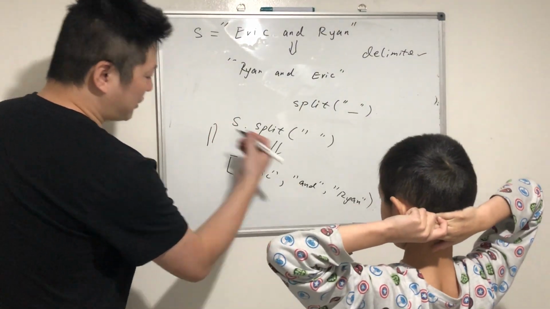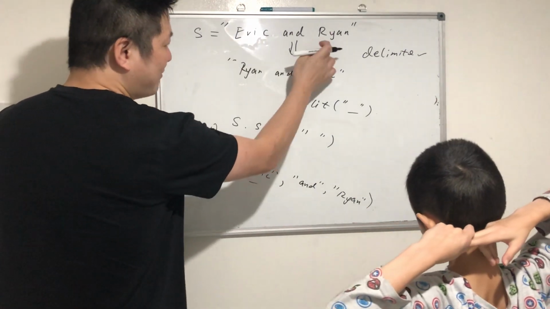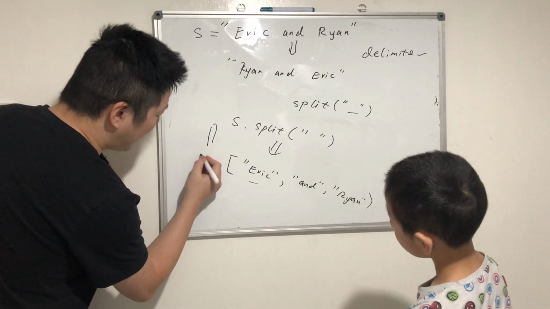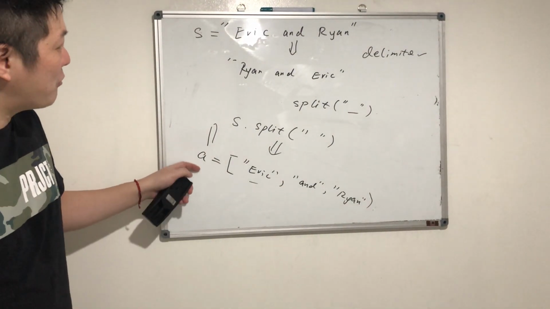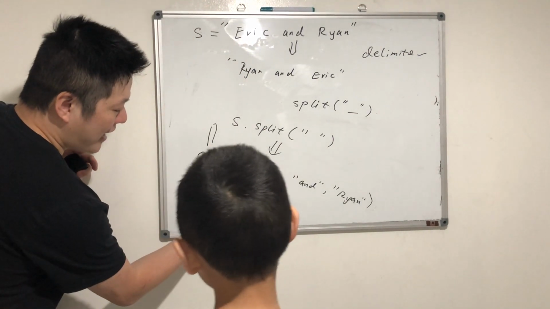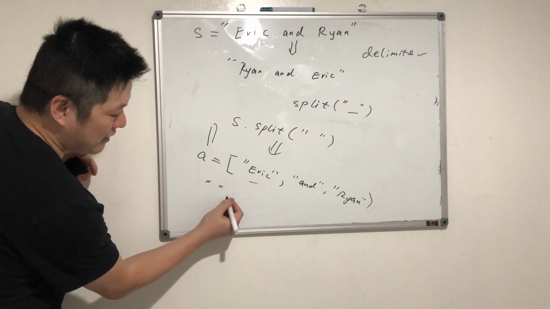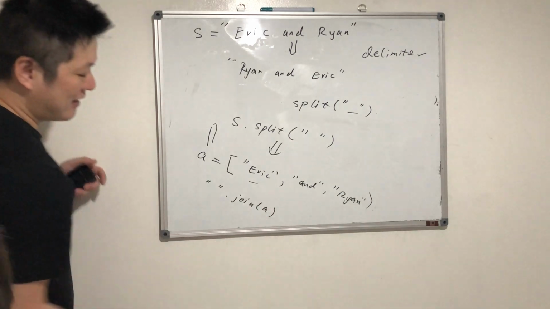From the list to a string. For example, I want to make the list back to Eric and Ryan. If this is an array A, how can we make this back to a string? We can use a space, dot, join, A. That's it.